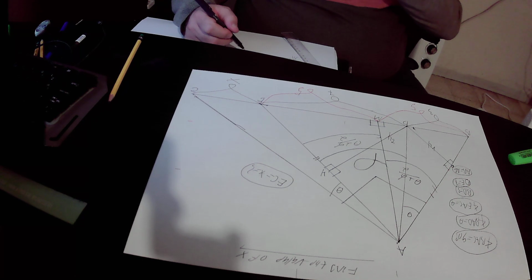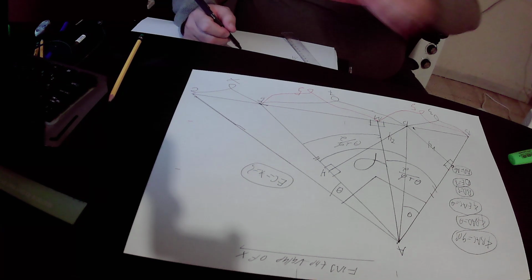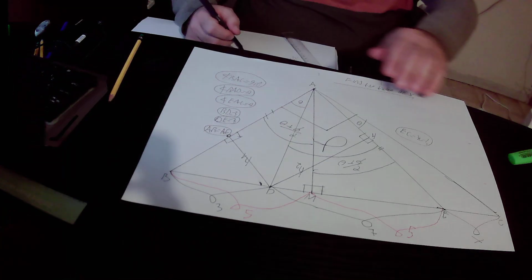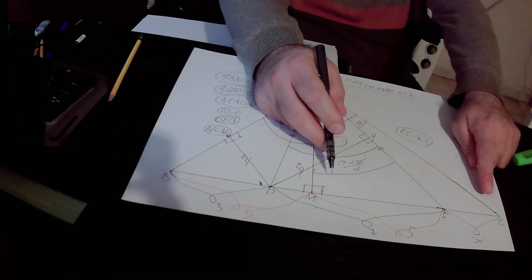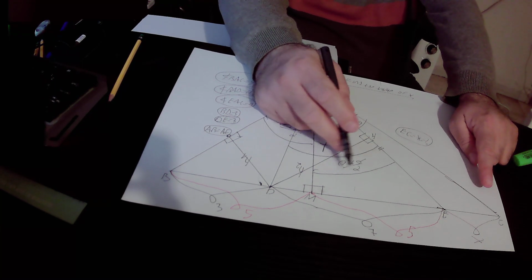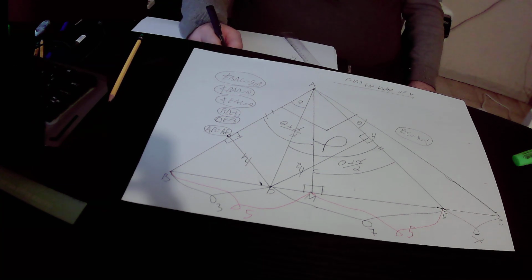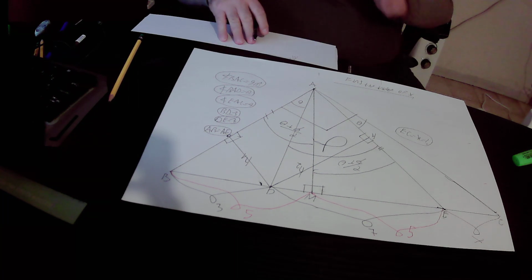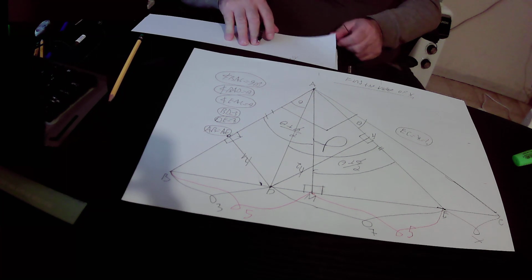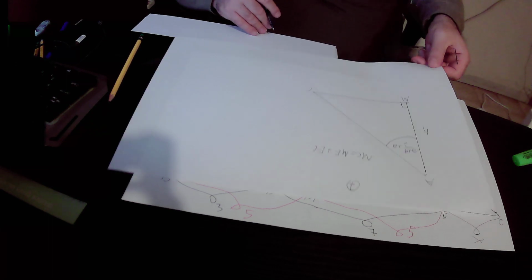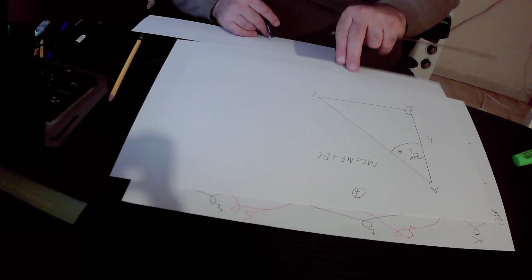And what is the value of side MC? MC is equal to ME plus EC. From the drawing you can see that MC equals ME plus EC.